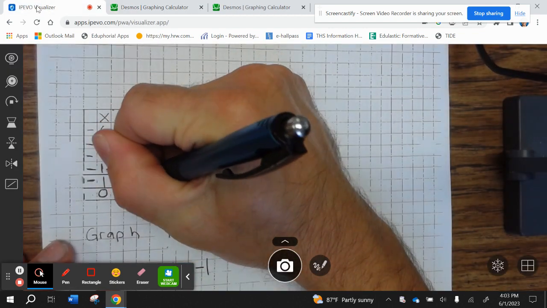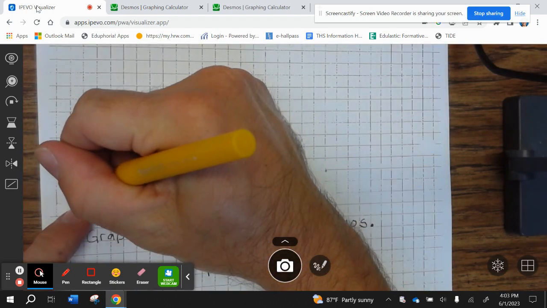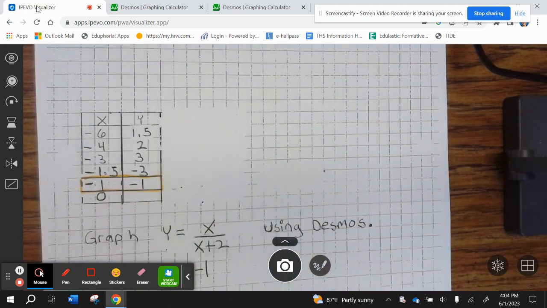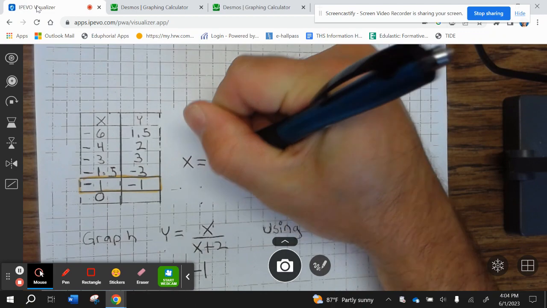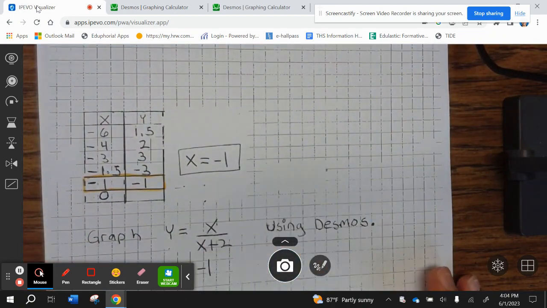Okay, so this is our solution. And we just want the x values of that. So x equals -1. Now that's how to do it using a table.